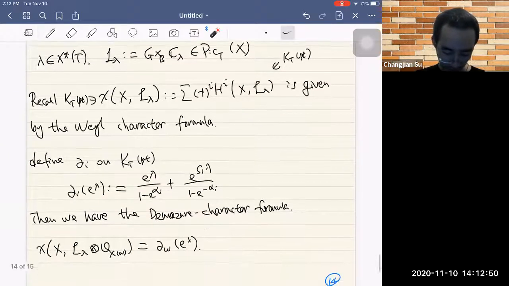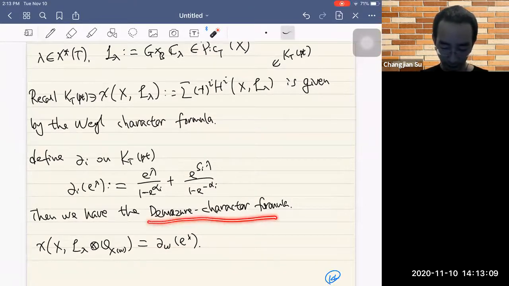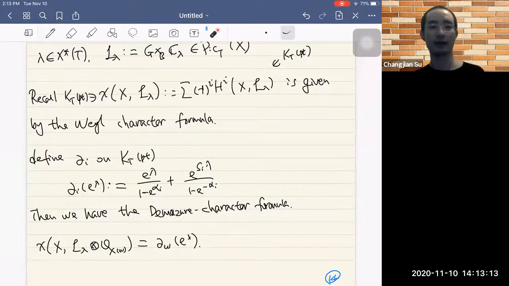Then if you replace this L lambda by this tensor product, L lambda tensor with the structure sheaf of a Schubert variety, this is just given by partial w applied to e lambda. This is called the Demazure character formula. This partial i will satisfy the braid relations, so in particular partial w is well defined.